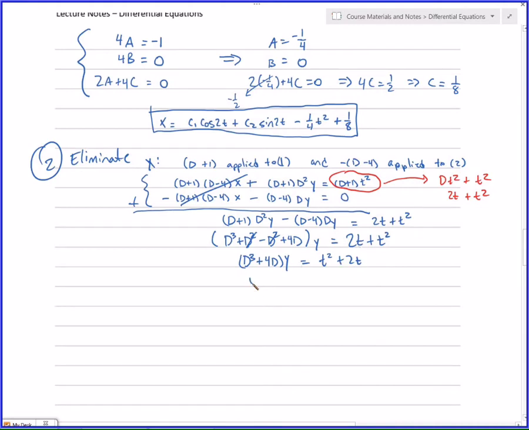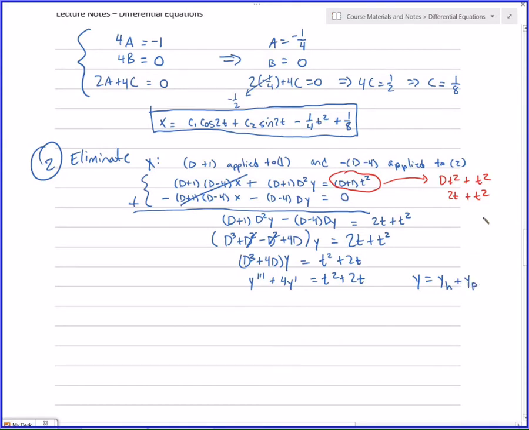Okay, so y triple prime plus 4y prime equals t squared plus 2t. So now we have another problem to solve in the form of a linear, this time third order, but with constant coefficients, non-homogeneous. So we got to find y equal to some y sub h plus y sub p.